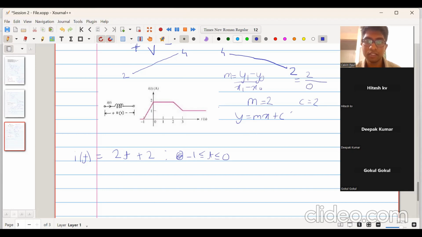Similarly, at time t equal to -1, the value of current is 0. So it is 2 minus 0, and x0 at that time is -1, so that is 0 minus -1. That is 2 upon 1, so 2.